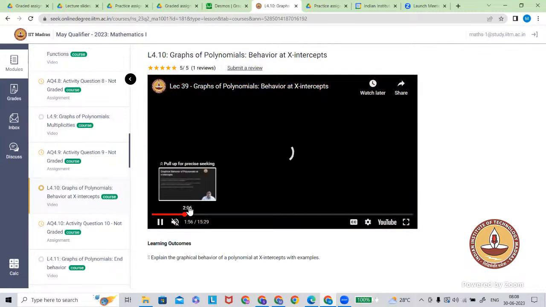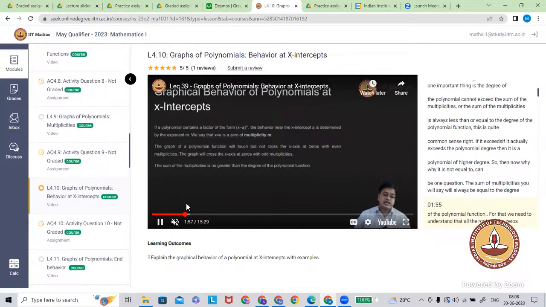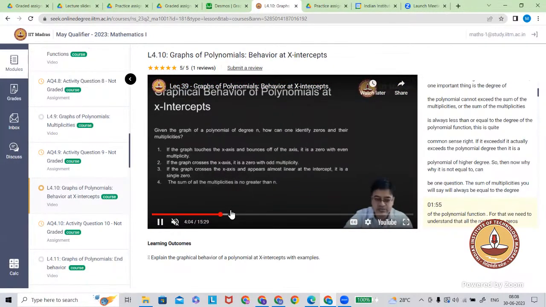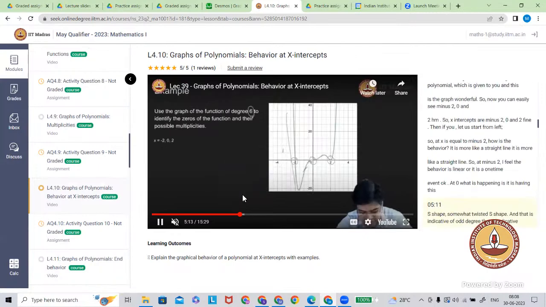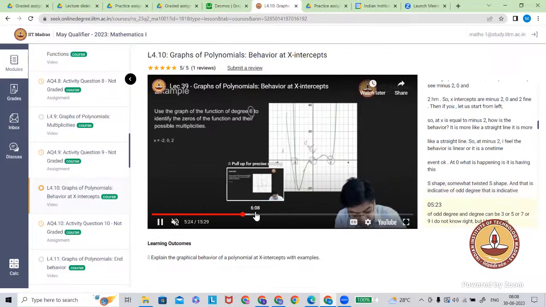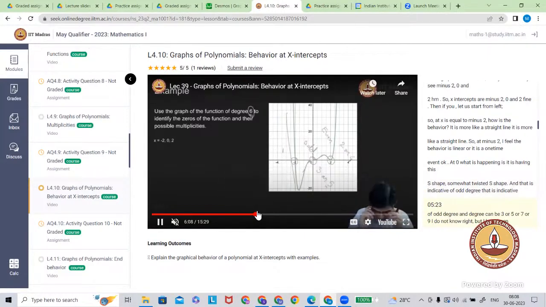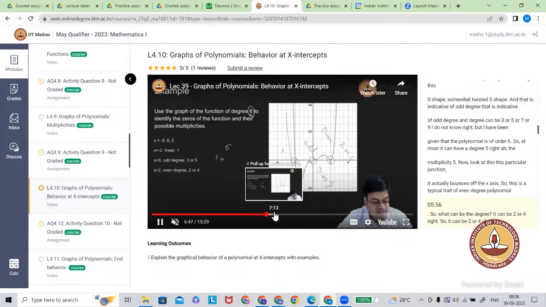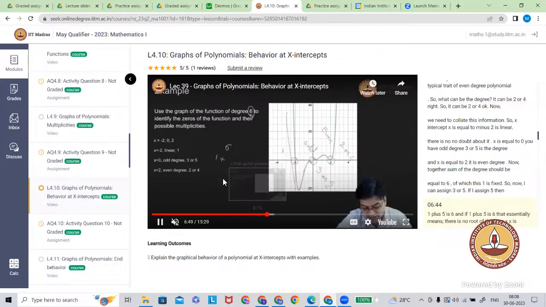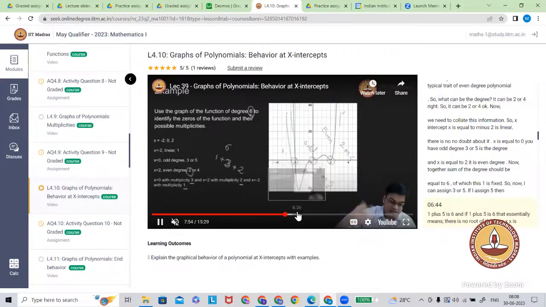So see here, it has even multiplicity, and it has odd multiplicity, and here it looks like a linear, so it has multiplicity 1. Okay, so this is the meaning here.